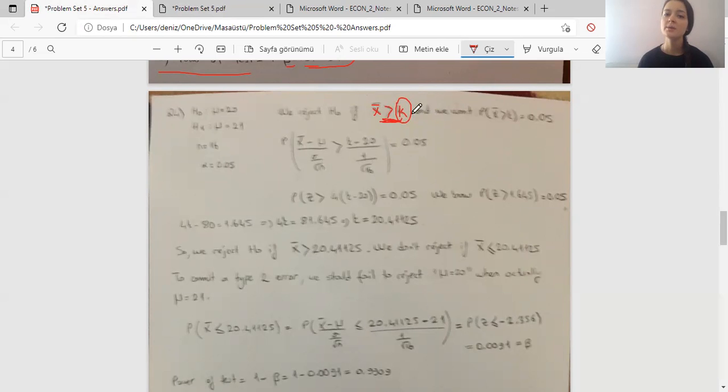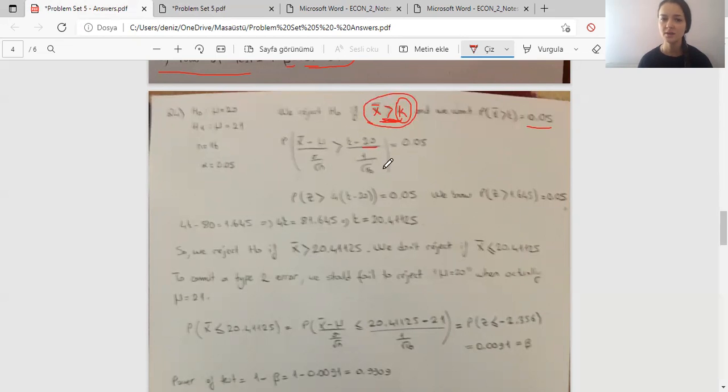But now, in order to find K, we have another kind of information, which is the confidence level. We want it to be 0.05, okay?